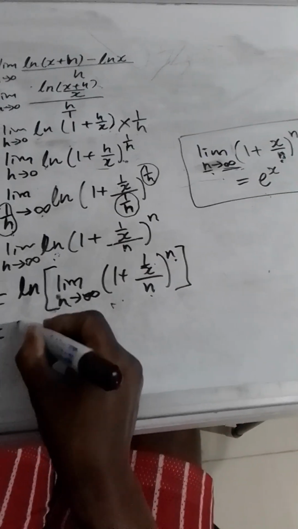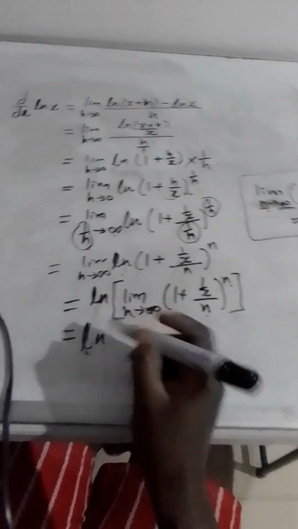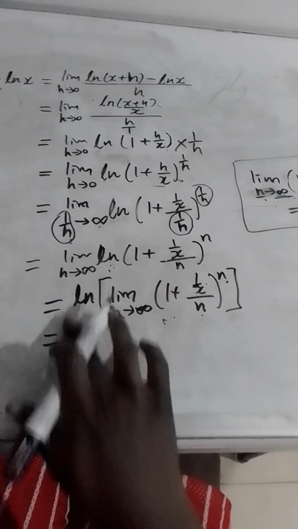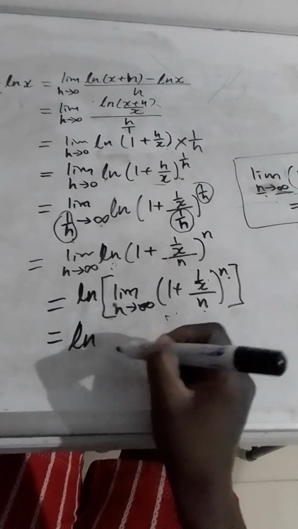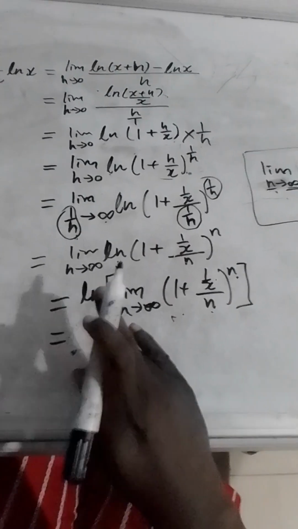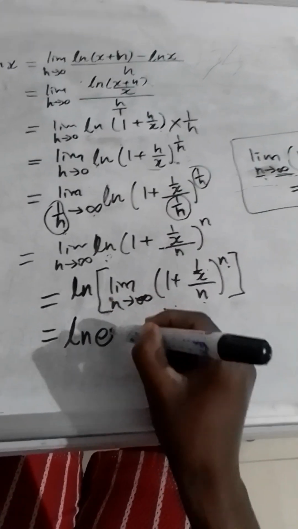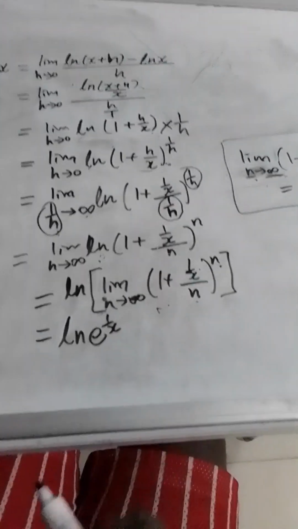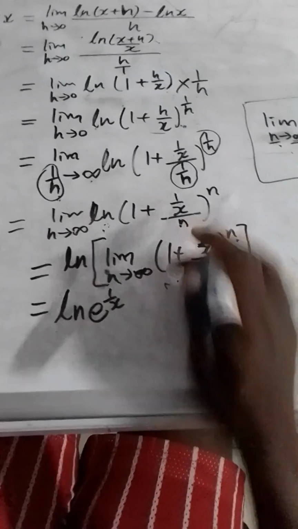Okay, so that means we have ln, in other words now, ln of e to the exponent 1 over x, because ours here is not x but 1 over x.